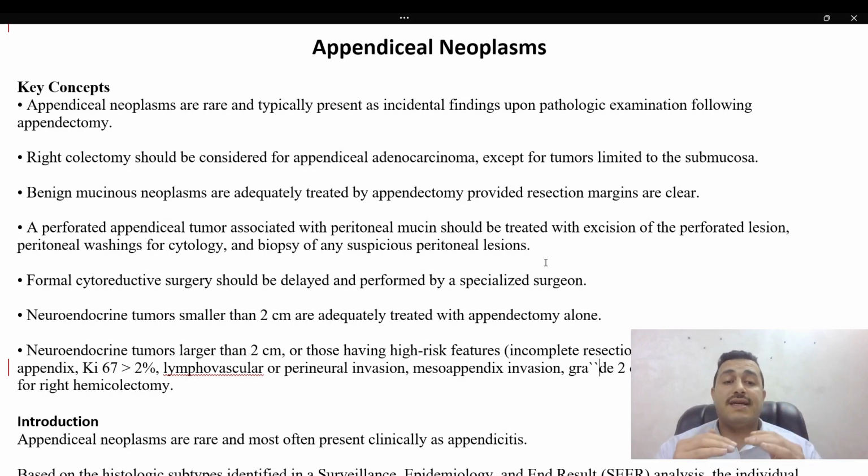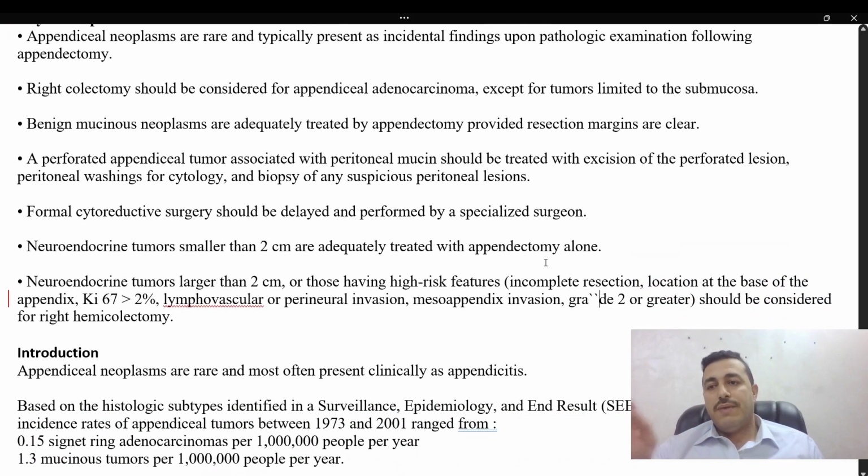So this is a second stage after our first surgery, which includes the appendectomy, wide resection of the mesoappendix, cytology, and assessment of any lymph node involvement. This is about the mucocele of the appendix.